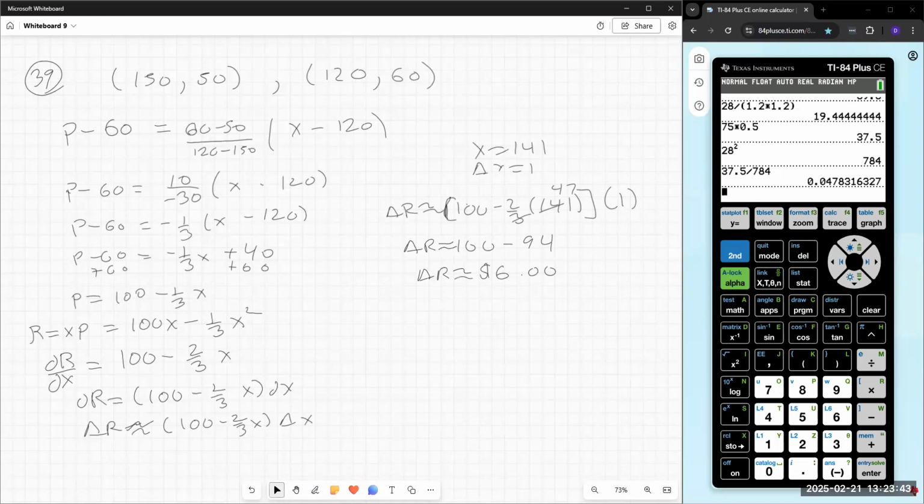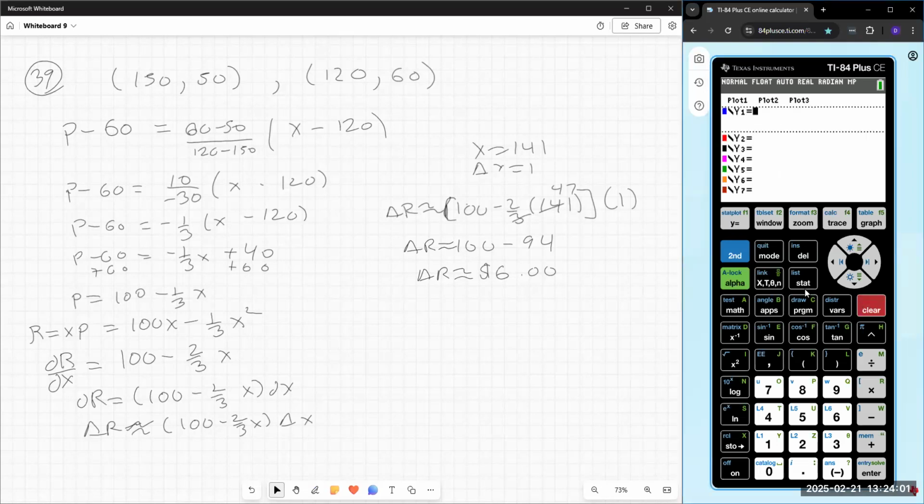And we're asked to kind of sketch a graph of this. That's really hard to sketch, so I'm going to have to put some things in the calculator here and zoom in for you. So my revenue function that I'm interested in is 100x minus x squared over 3. So there's that function.